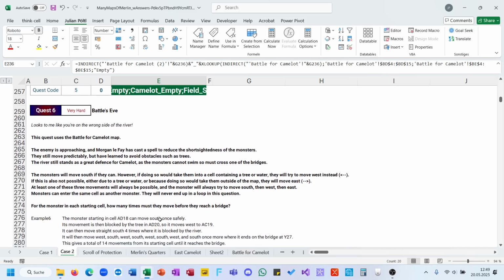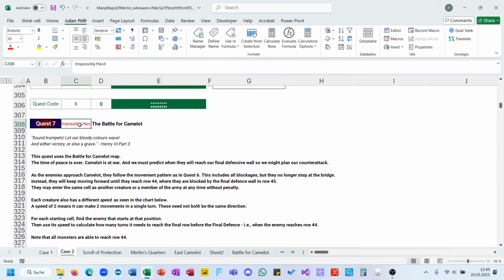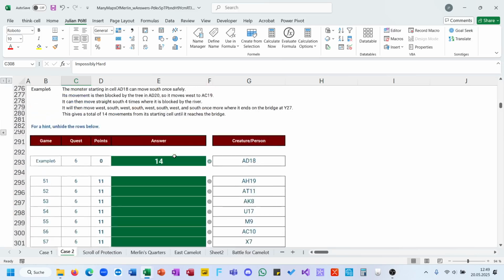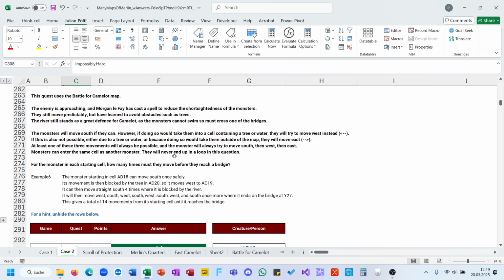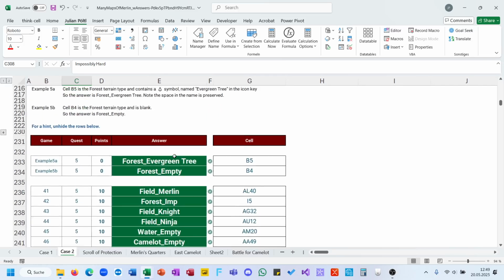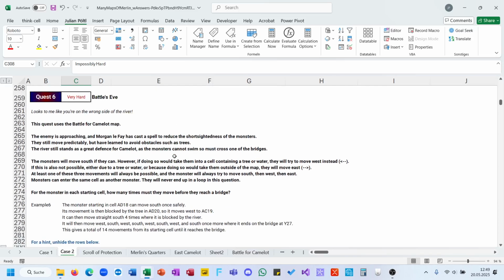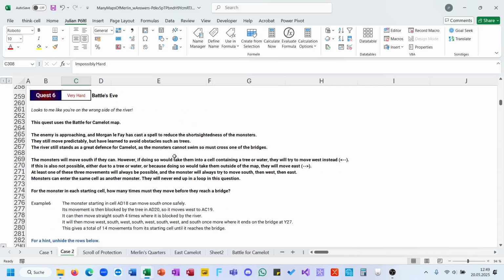Okay, level 6. Impossibly hard. Battle for Camelot. An enemy is approaching. What was this? Very hard. Okay, there's still hope.